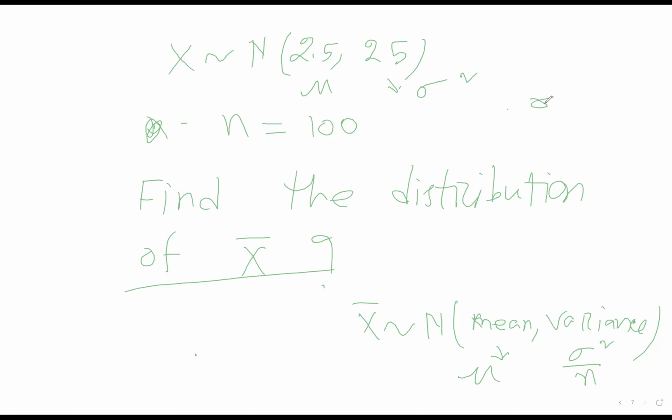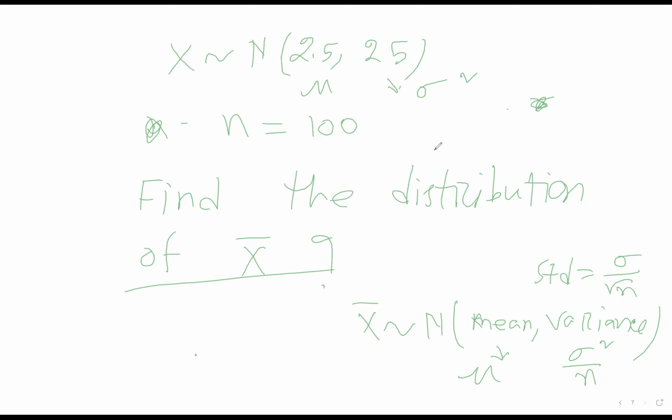So sigma is the standard deviation. The standard deviation is sigma over square root of n. But when you calculate the variance, this is sigma square over n, not square root of n. So it will be 25 over 100. So this is 0.25. So I didn't get any correct answer, I guess. The variance will be 0.25.